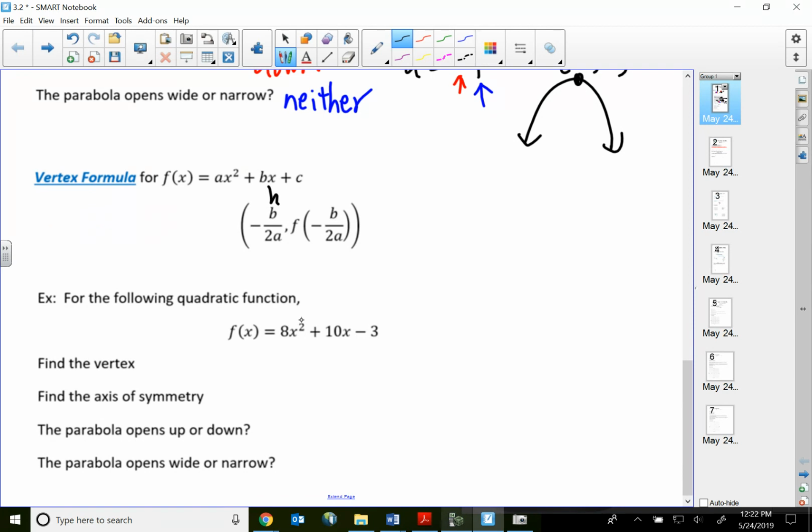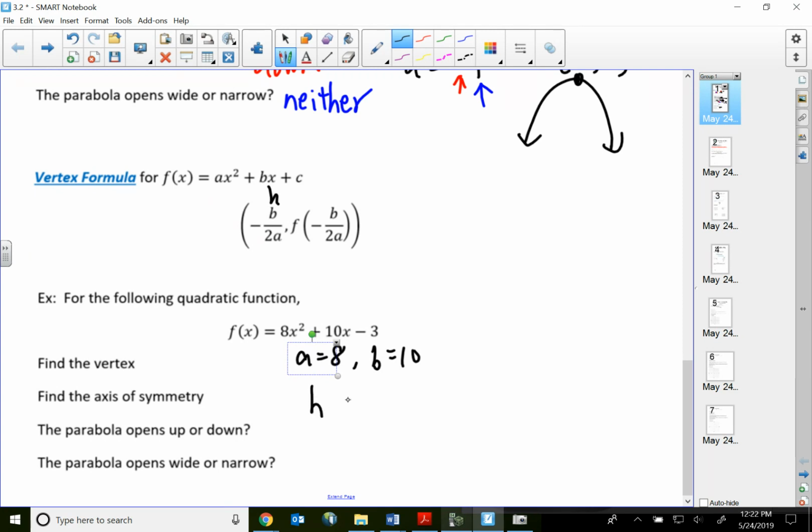So for my quadratic function written in the ax squared plus bx plus c form, I just use the vertex formula to find the vertex. So my a is 8, my b is 10. I don't need my c right now because the formula doesn't call for it.